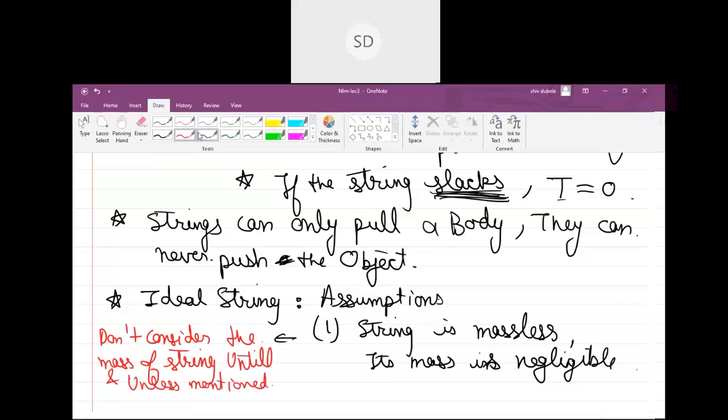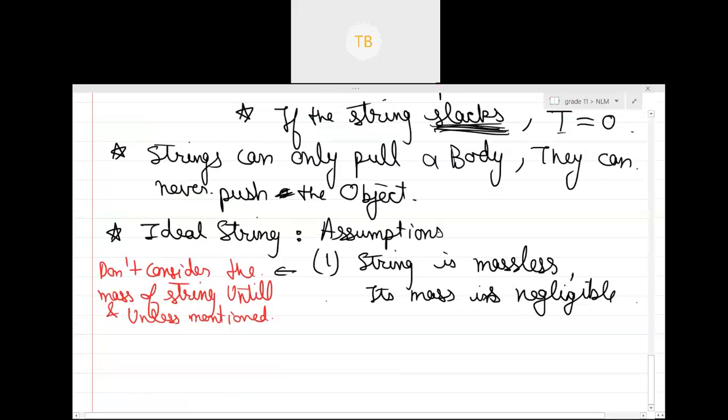Is the first assumption clear, guys? So the string is massless, its mass is negligible.